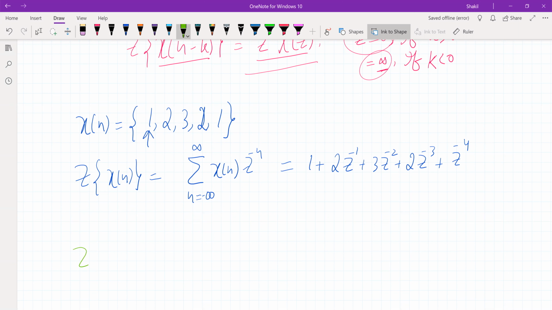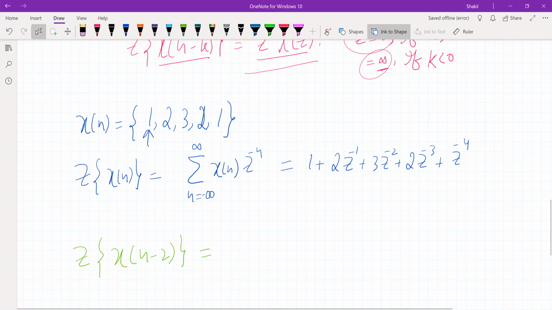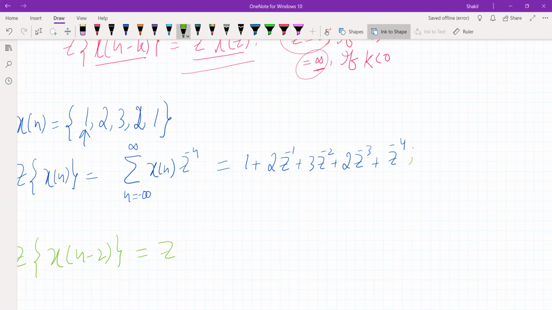Now the Z transform of x of n minus 2 will be, from this shifting property, simply z raised to power minus 2 times X of z. Now first of all, what's the region of convergence of this? You can see the region of convergence is the entire Z plane except z equal to 0.